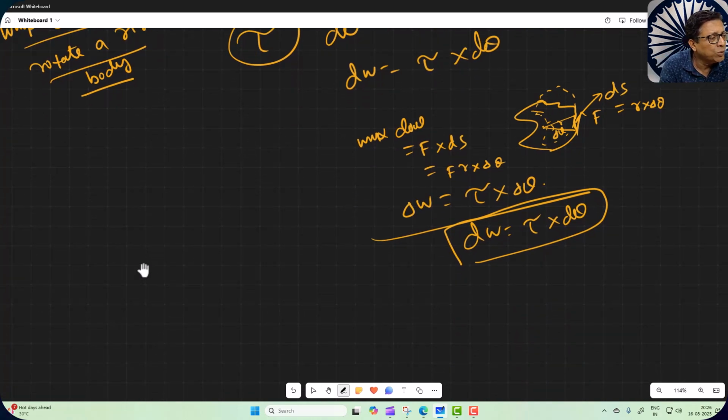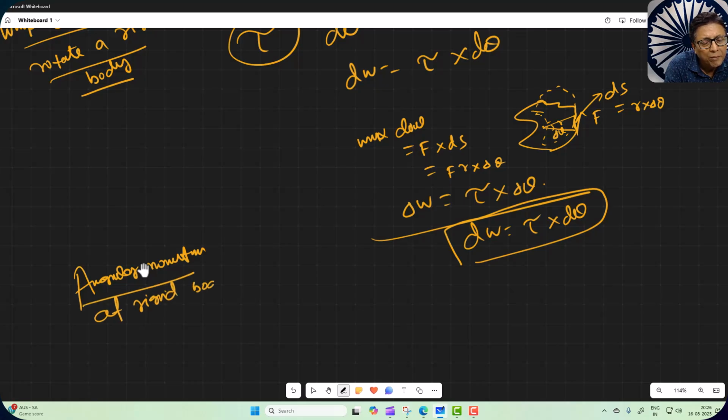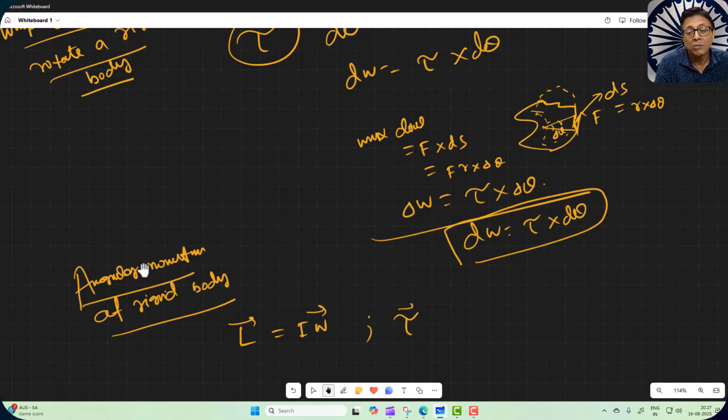And next we will do angular momentum of a rigid body. For a rigid body, you can show that L equal to I omega and torque tau equal to I alpha.